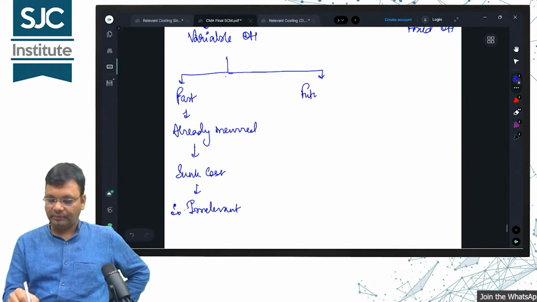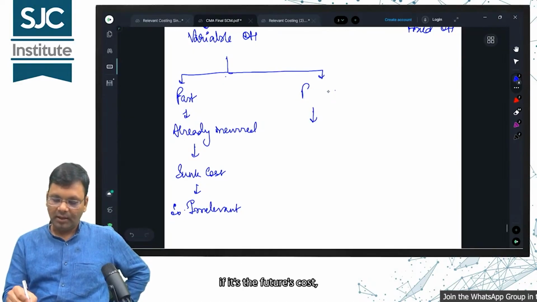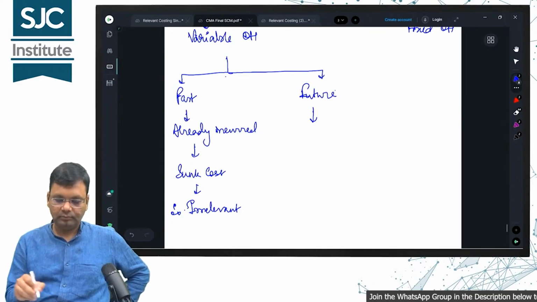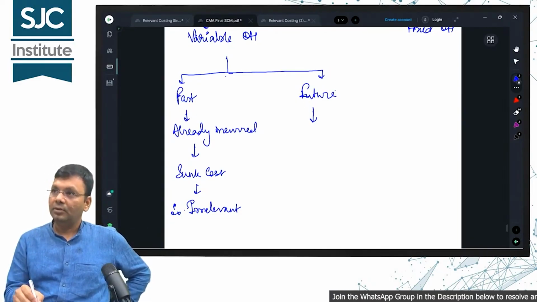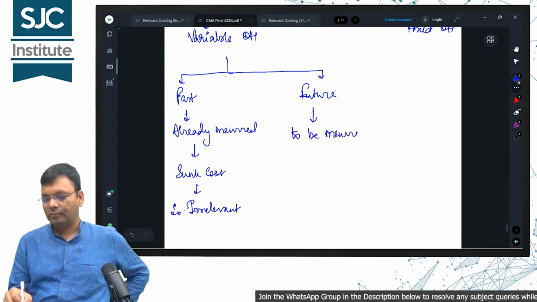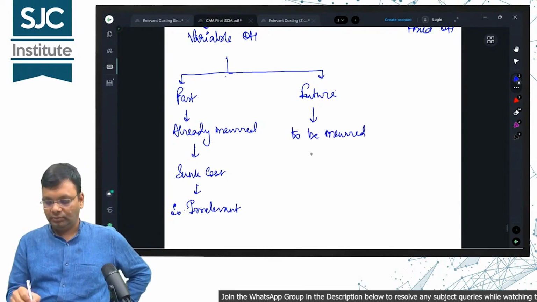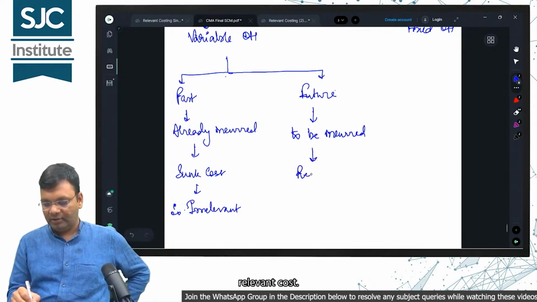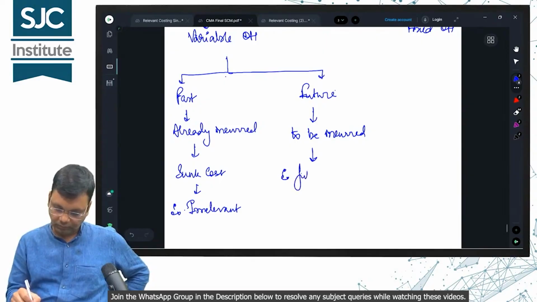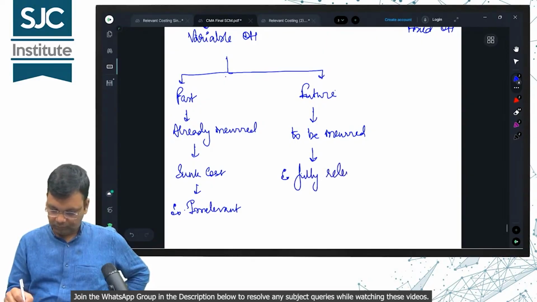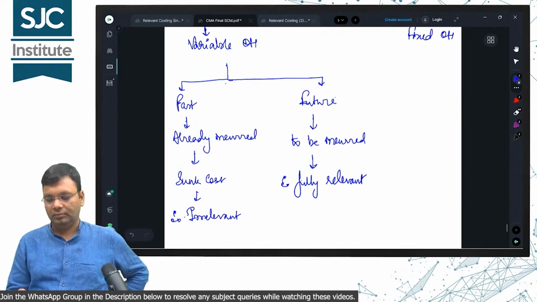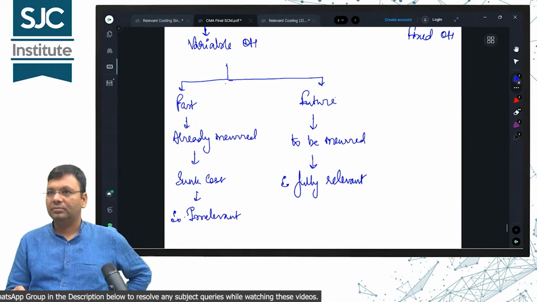If it is a future cost, so what do I mean by future cost? One that is going to be incurred. So this is relevant cost, fully relevant. Reading the question makes it clear.